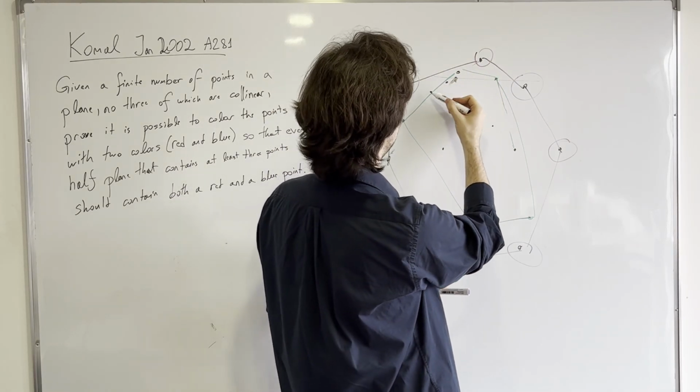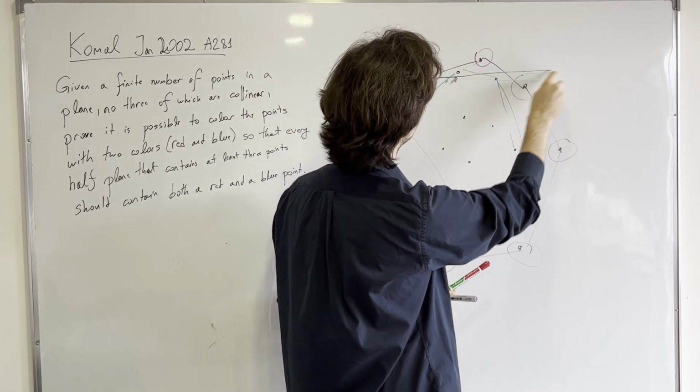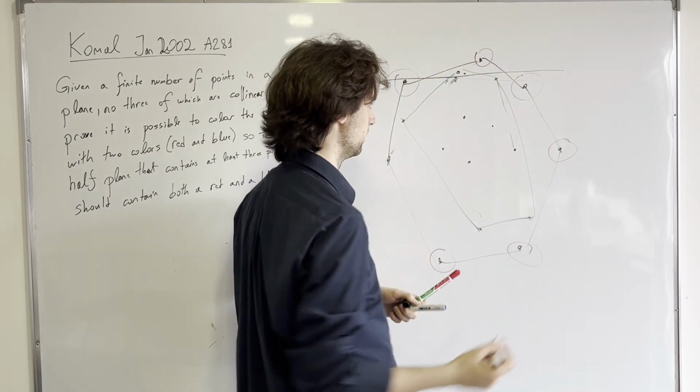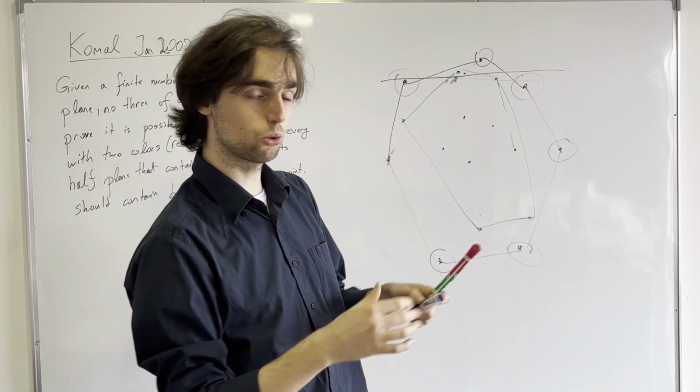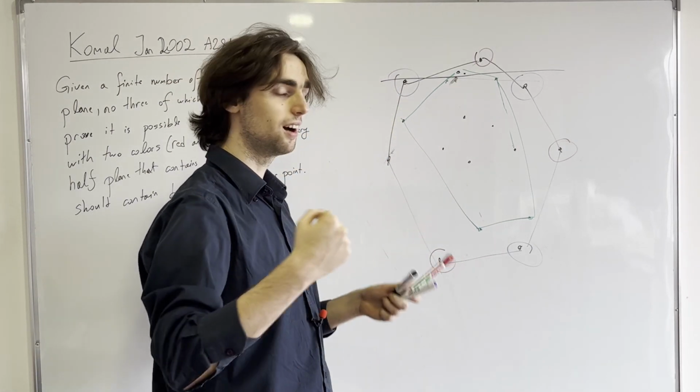And now there might be a segment that looks like this? So there's another point in here, and then we can draw a triple convex hull and determine a coloring for them.